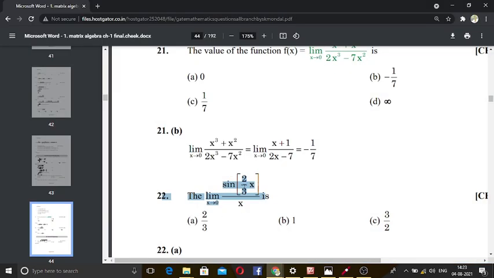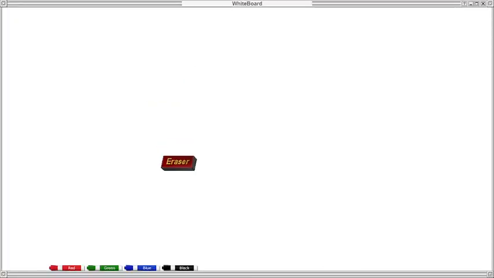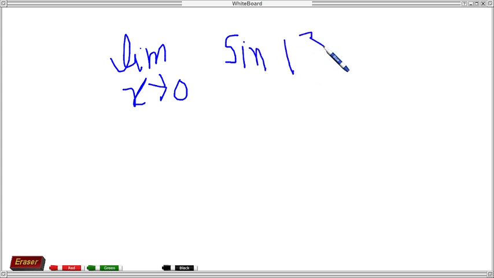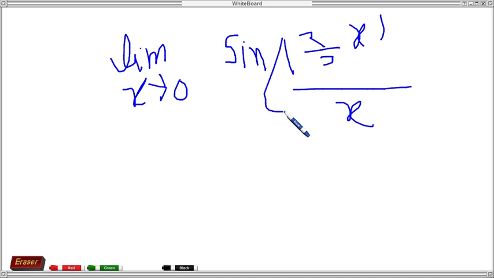So, limit extended to 0 of sine of 2 by 3x upon x. You know the formula, I think.